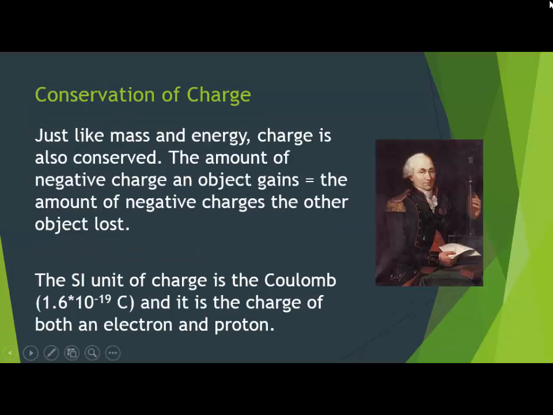You also need to be familiar with a concept called conservation of charges. A lot of things are conserved in science and in physics. We have momentum, angular momentum, energy, but we also have charge. And so the amount of negative charge an object will gain is the amount of negative charge the other object lost.